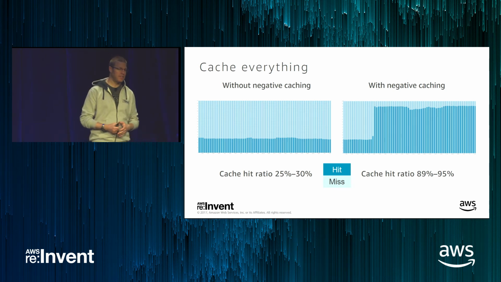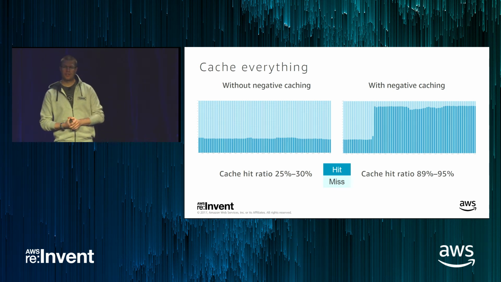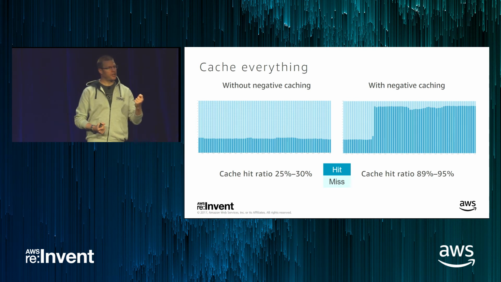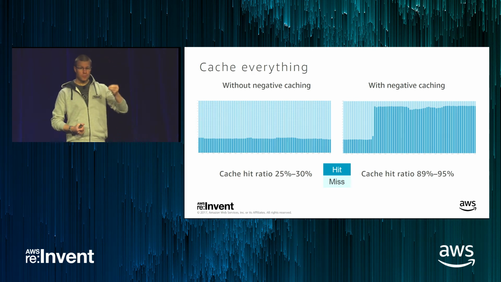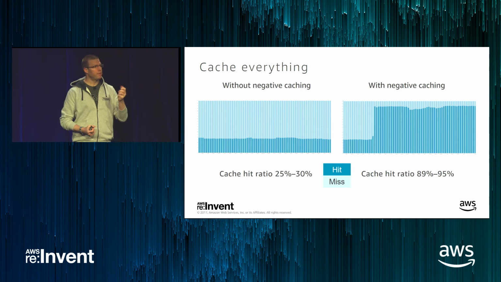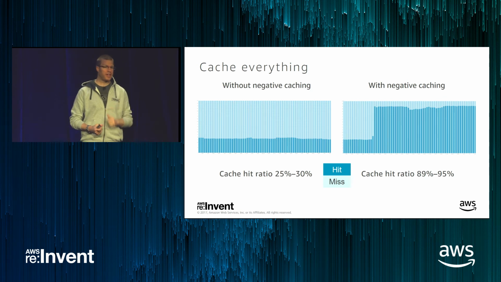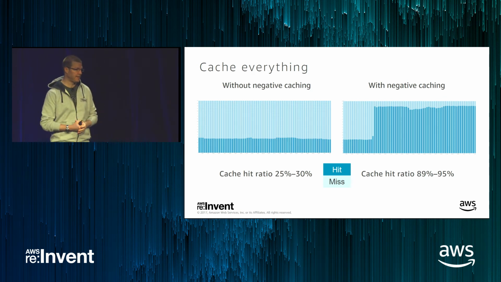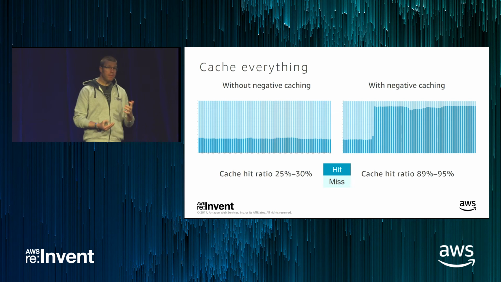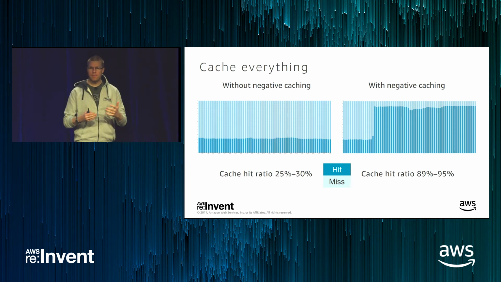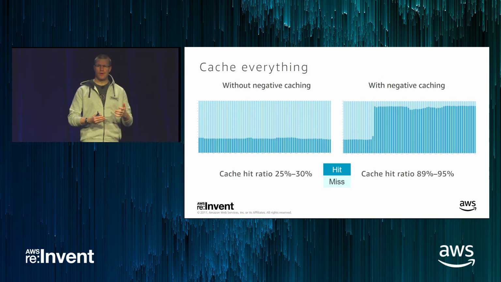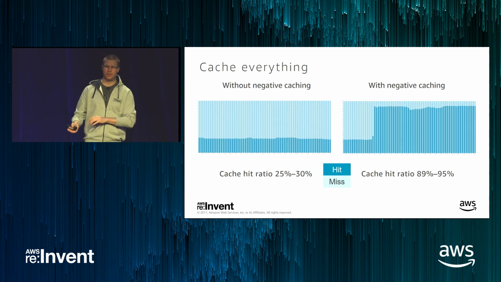And that's what you can see on the slide now. Without negative caching, so without saving that valuable information that DynamoDB has no result for this specific query, we had a cache hit ratio of 25 to 30%. And then we implemented the really simple thing of saying, hey, with this question, DynamoDB has no result, to our Redis cache.